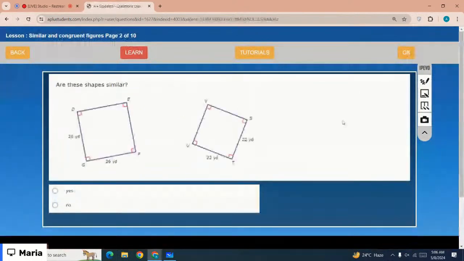Are these shapes similar? Yes, they are similar. The correct option is yes.